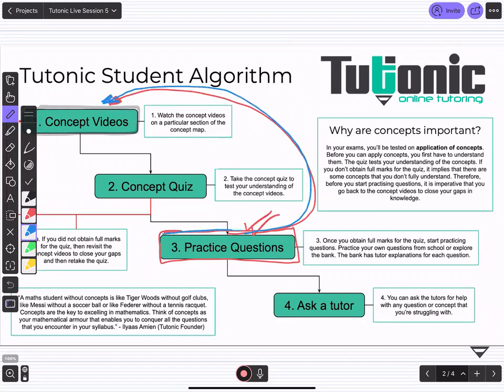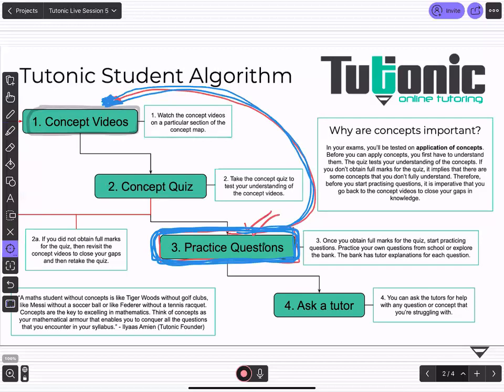So it doesn't matter how many times you do this, right, guys? This has to be strong first. Okay, and that's why I put the questions as number 3 in the algorithm. You have to start here. Okay, and I believe if you follow that approach, then all of you will succeed.